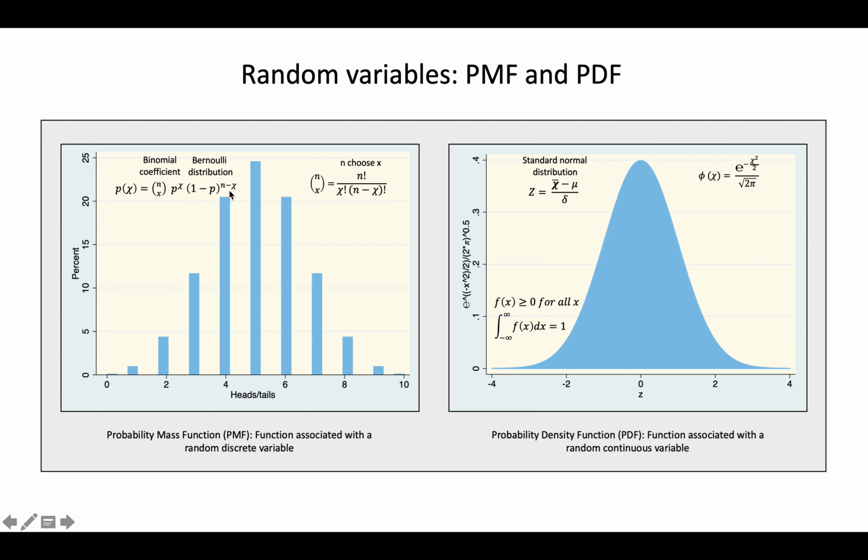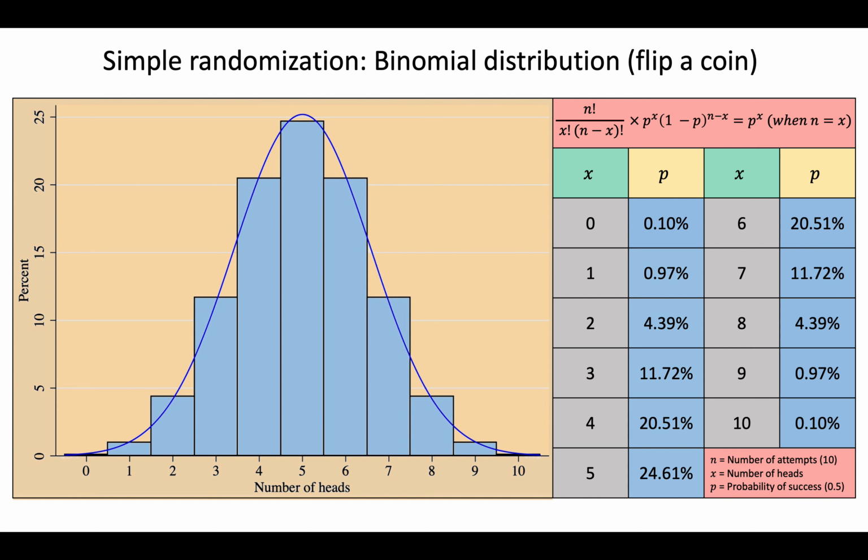So this is how we normally represent the binomial distribution, which is exactly this one. So this is what I was trying to explain to you a couple of minutes before: the number of attempts, the number of heads, and the probability of success.